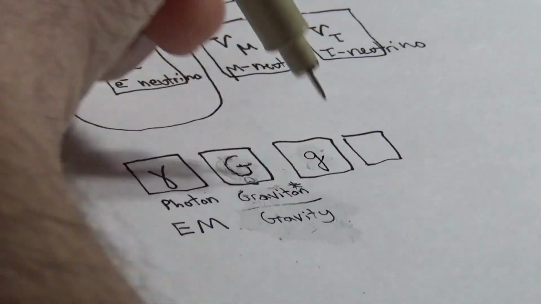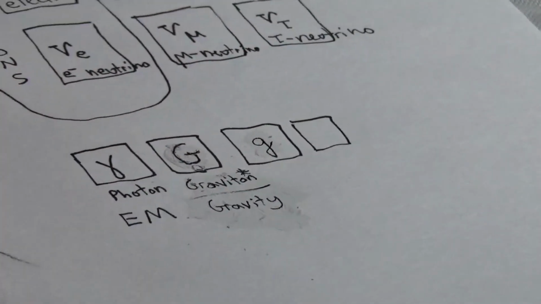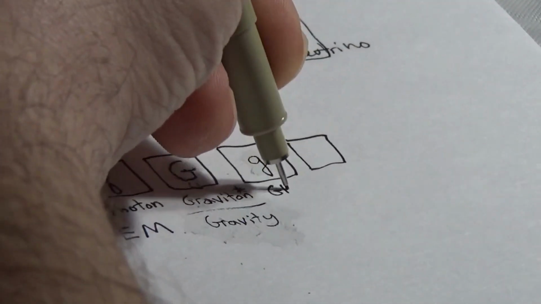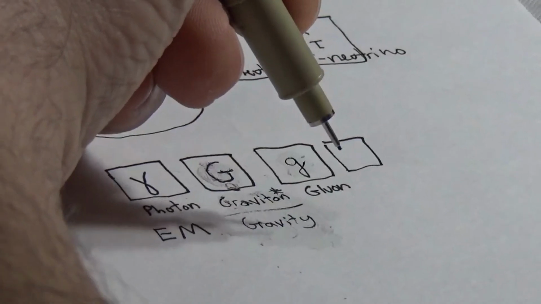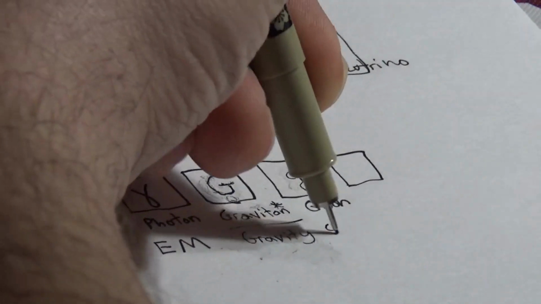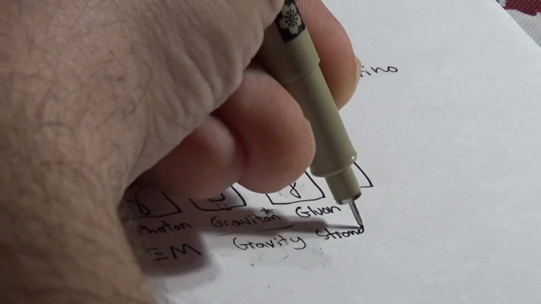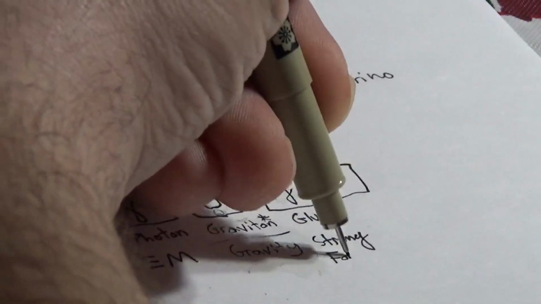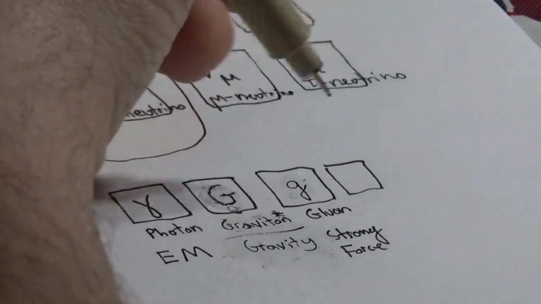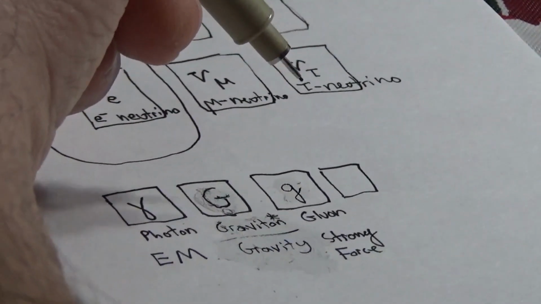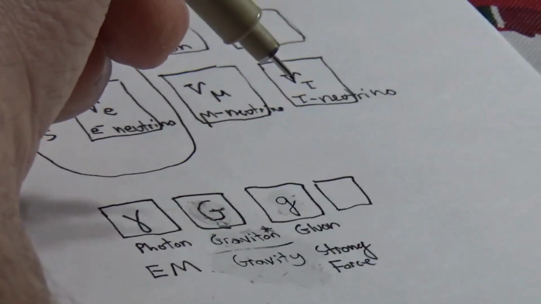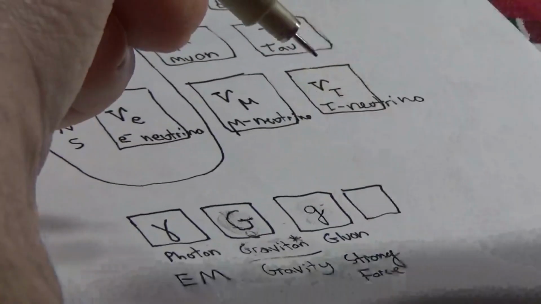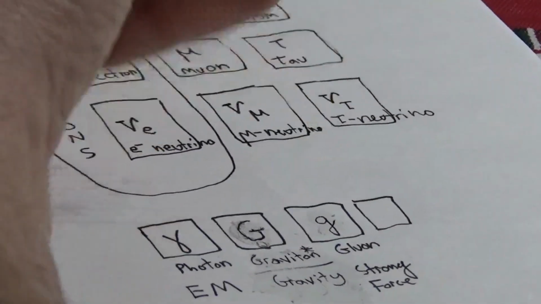Next is going to be a particle which glues everything together. It's called the gluon. The gluon is the particle of the strong force. The strong force holds the atomic nucleus together and keeps all of the protons and neutrons bound up together inside of the nucleus.